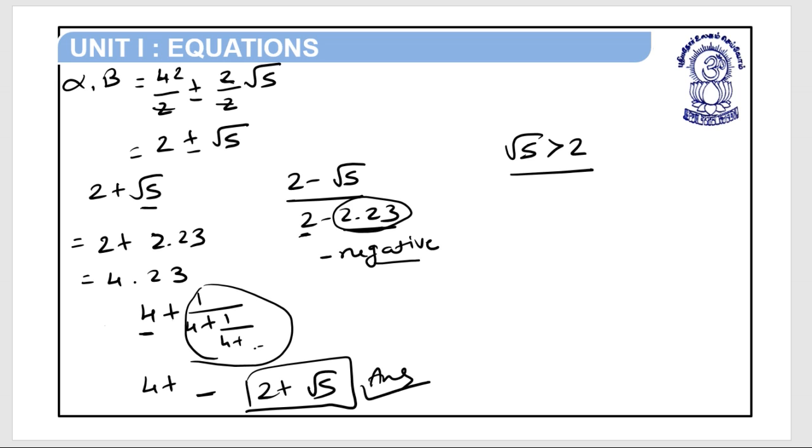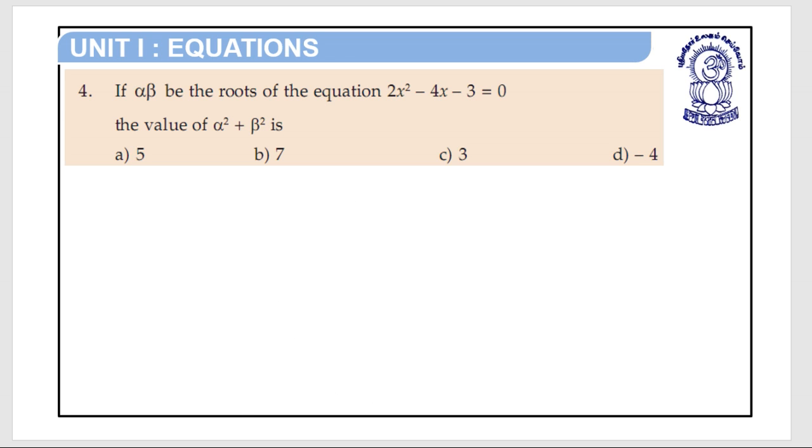Now next, if alpha and beta are the roots of the equation 2x square minus 4x minus 3 is equal to 0.